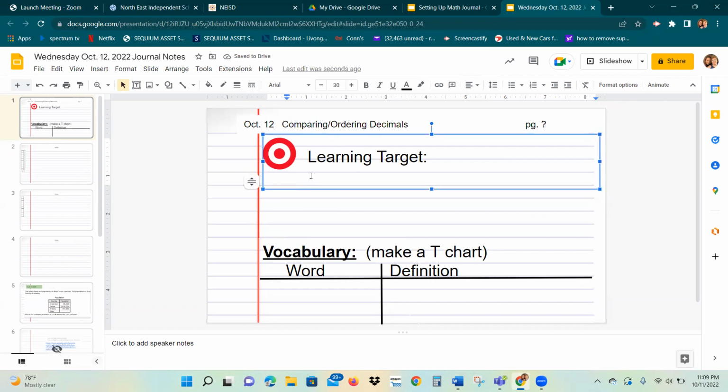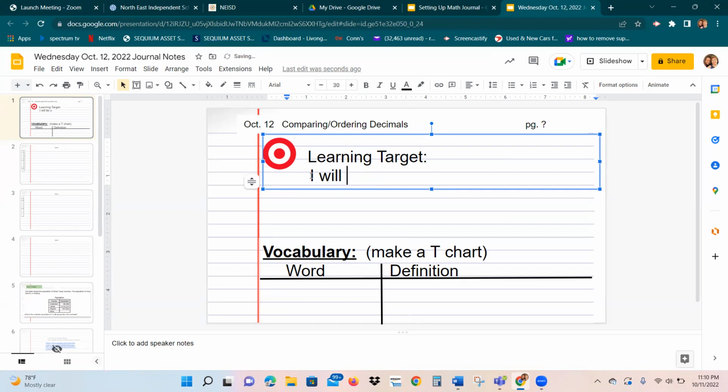So today's learning target. I have it on the board, but I don't remember exactly how I had it written, so I'm just going to type it out.